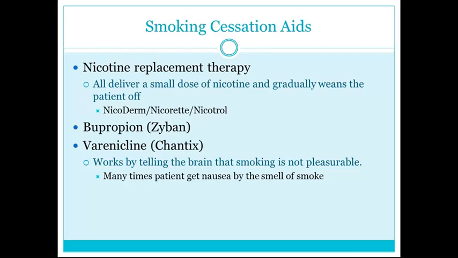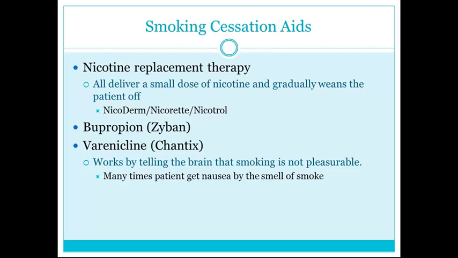The last category we are going to talk about is smoking cessation aids. We have nicotine replacement therapy, which delivers a small dose of nicotine and gradually weans the patient off. Examples are Nicoderm, Nicorette, and Nicotrol. This is the preferred therapy due to less side effects.